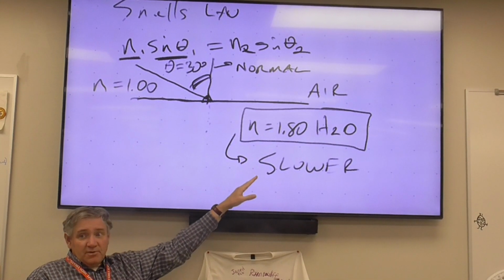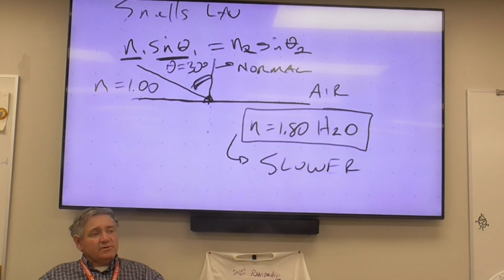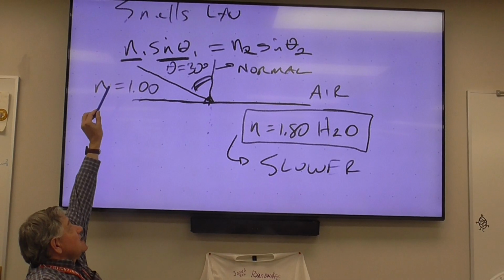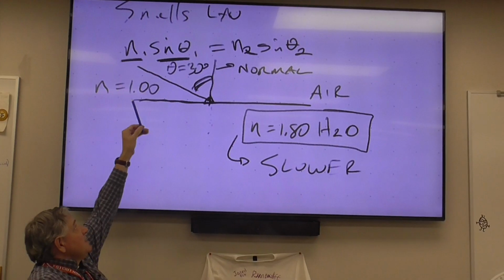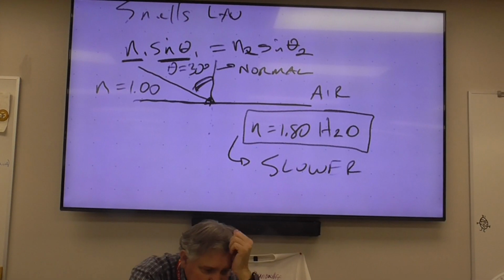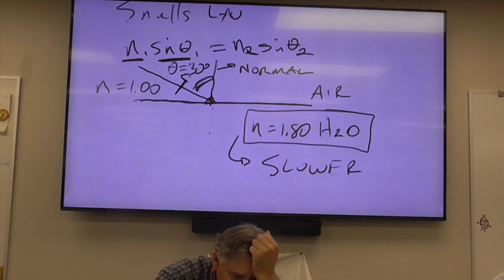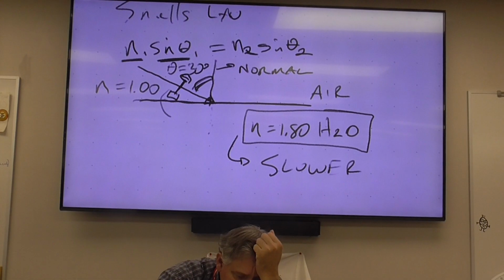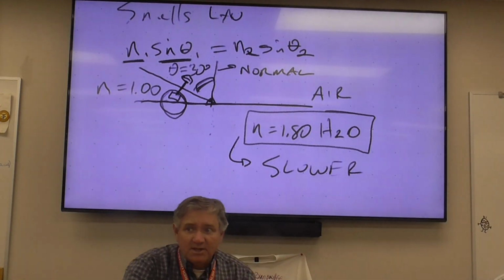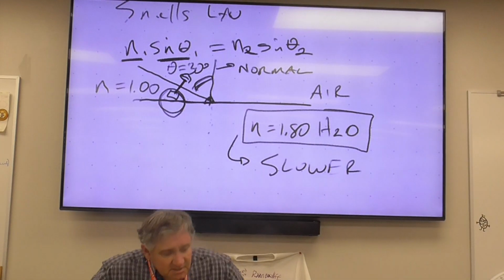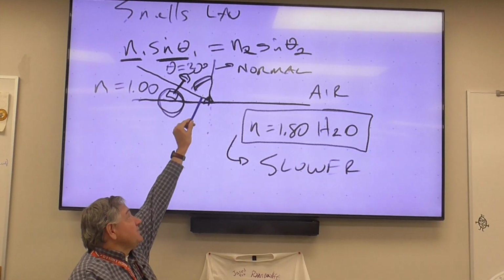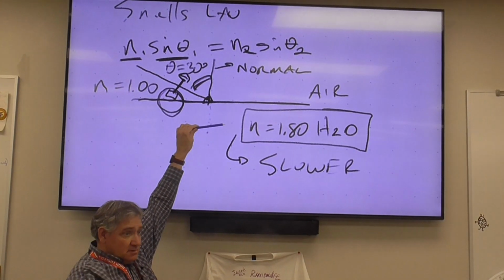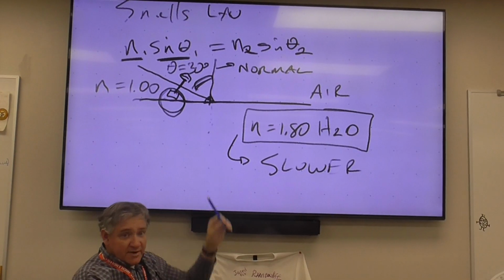The bigger this number is, the harder it is for your car to go through it. So imagine this is coming through here like this, and this is the axle, with your car tires. As that hits, this side is going to hit first. Since that side hits first, what's it going to do? Is it going to bend towards the vertical or away from the vertical?